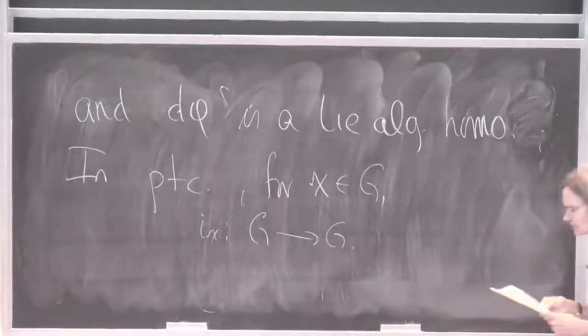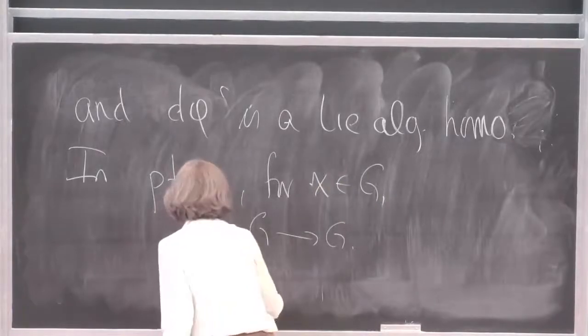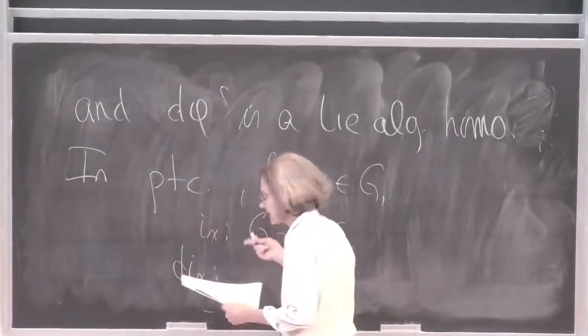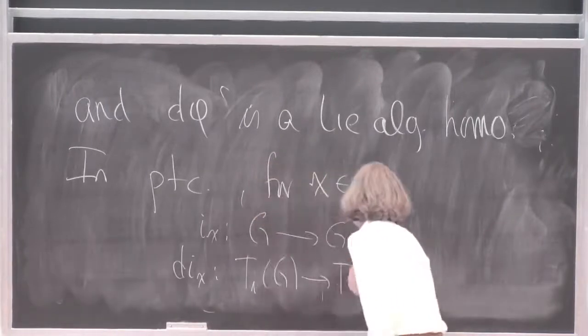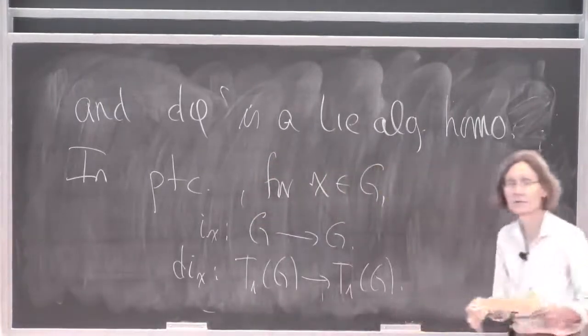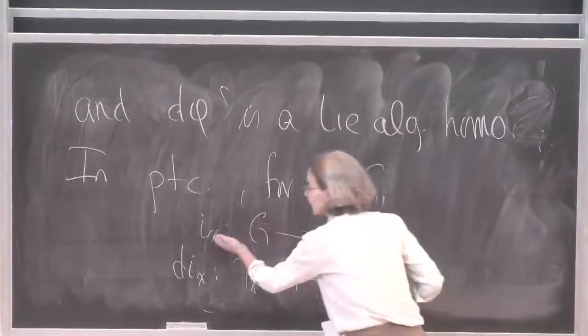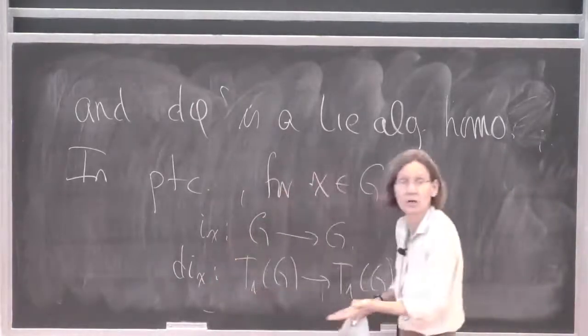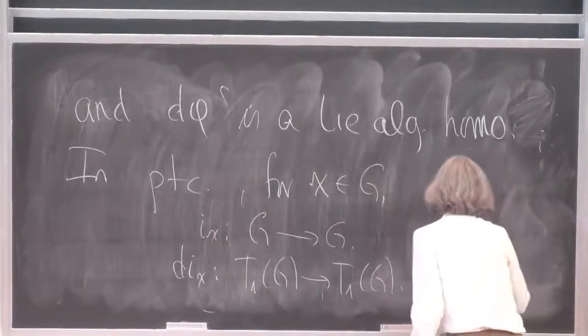That was a homomorphism of groups for sure. And so I can take its differential, which will go from the tangent space to the tangent space, or the Lie algebra, depending on how you want to look at it. For each x, now I've got a Lie algebra homomorphism.